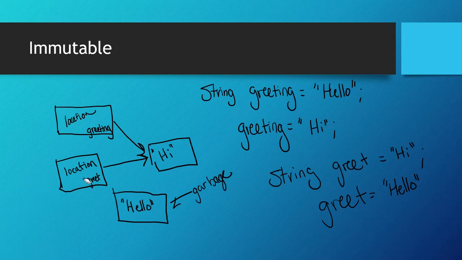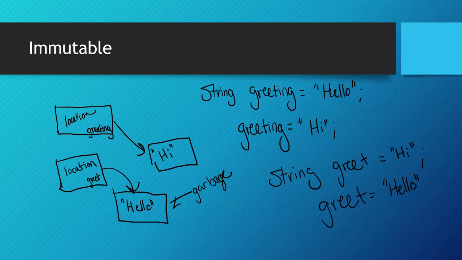Since greet is all you're changing, you are not going to change greeting as well, even though they were pointing at the same thing. Because what greet is going to do is change its location pointer. It's going to say, yes, I've got to point to hello now, because that's what you made it point to. So something to keep in mind with strings is that once you change the value of the string, that value that was originally there is still somewhere in the memory of the program.